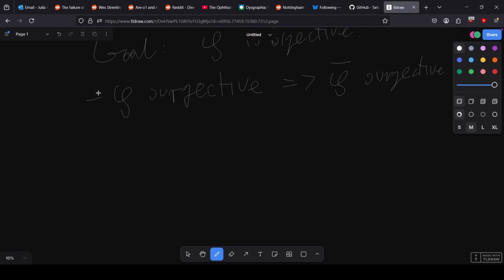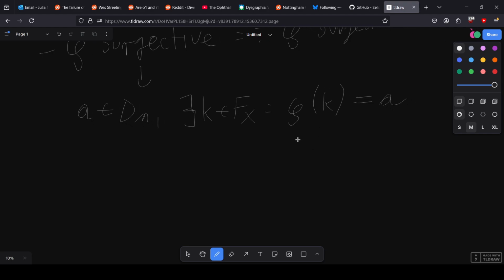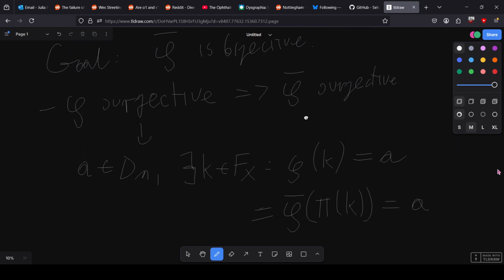This is because if we have A in Dn, then there exists some k in Fx such that phi of k is equal to A. But then this is equal to phi bar of pi of k. And we are done, as pi of k directly gives us what we need here.